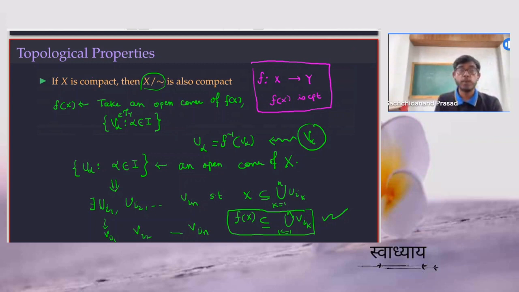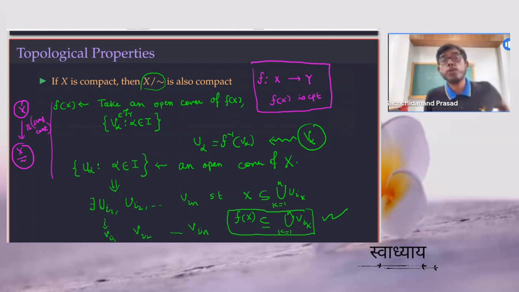Now, here X goes to X mod tilde, this pi is a surjective map. Since X is compact, therefore X mod tilde is also compact, because pi is surjective and continuous.